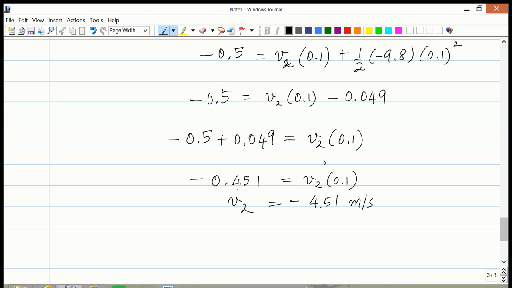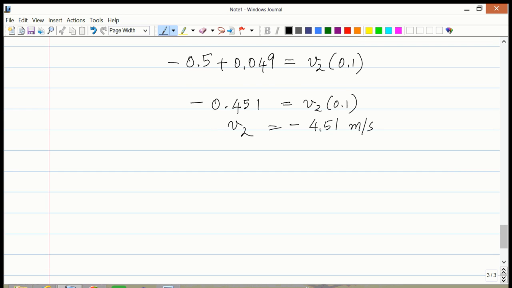Now the negative sign here simply implies that the water is going straight down. So in our equations we don't really need to worry about it, but this is what we get.